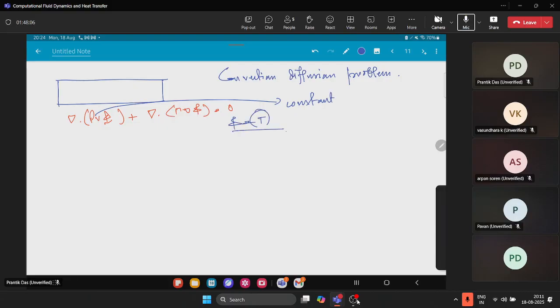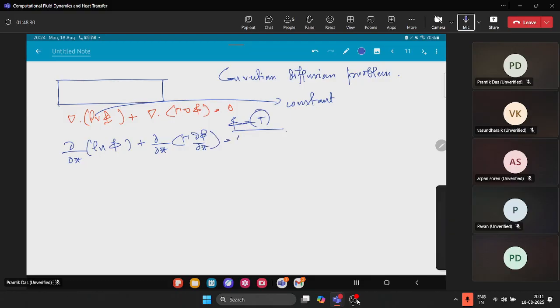And I will apply the Gauss divergence theorem, which actually makes it a linear one. Then this is basically d/dx of rho u phi plus d/dx of gamma d phi/dx equal to 0.